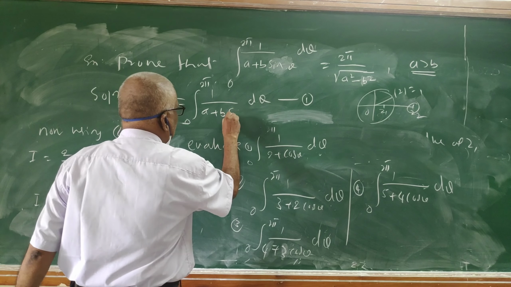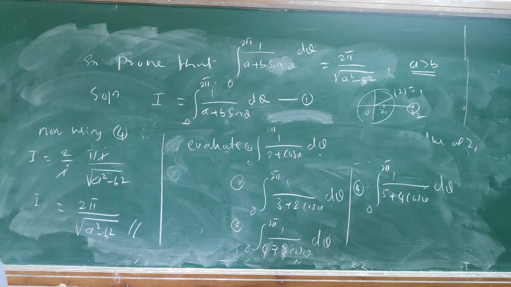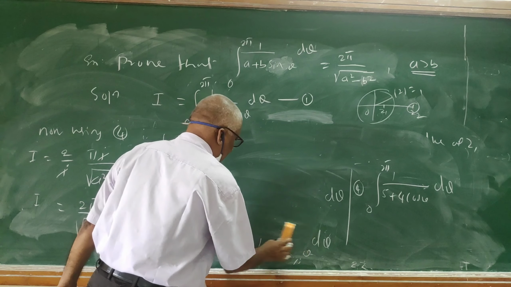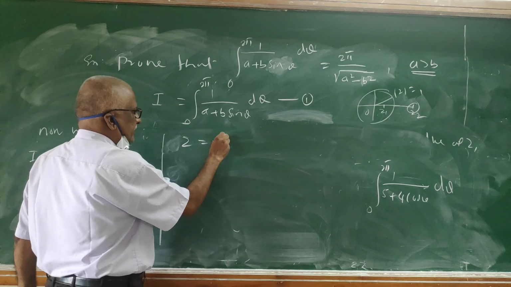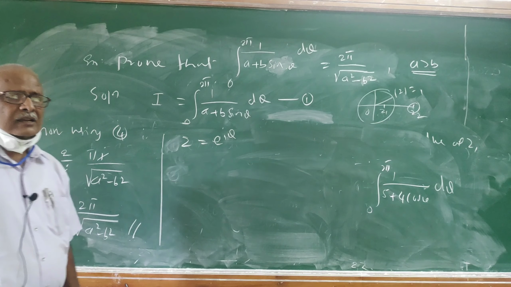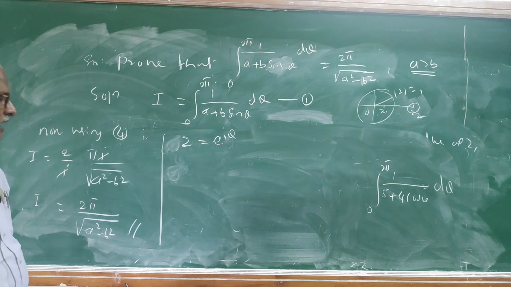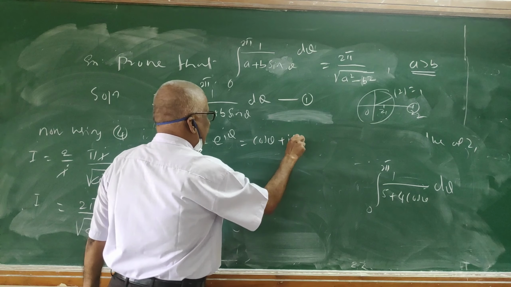Nothing is new here. Replace cos theta by sin theta. Again we transform this into a complex integral by means of the substitution z equal to e raised to i theta, which is cos theta plus i sin theta.